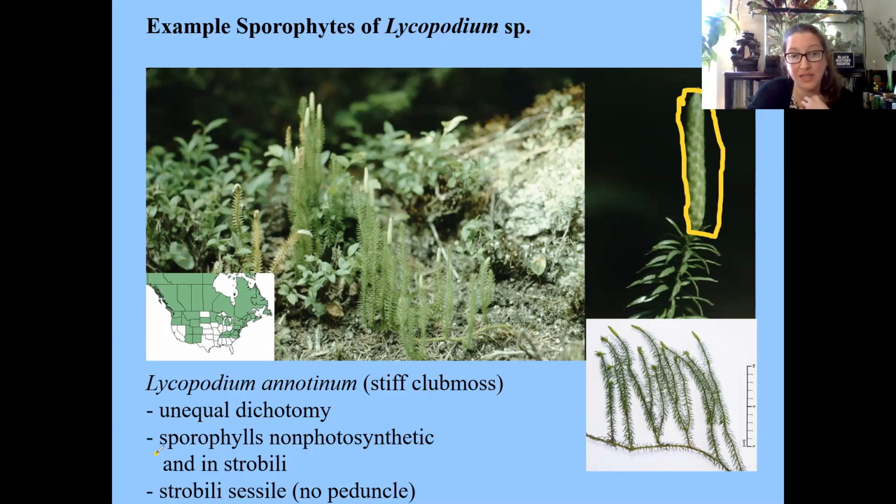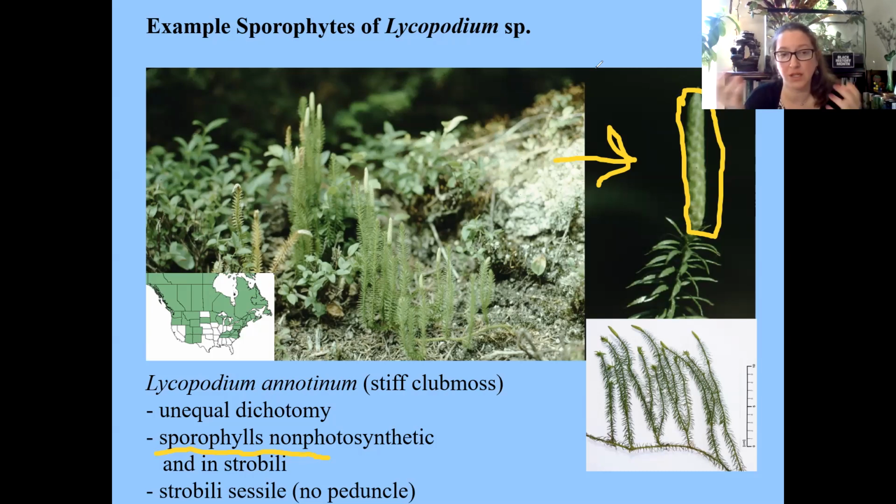And in the case here, these sporophylls are non-photosynthetic. Normally, if you're a sporophyll in a Strobilus, remember, this thing here is a Strobilus, and all of these things on it, you can't really draw them because they're so small, are the sporophylls. Normally, if you're a sporophyll organized into a Strobilus, you're usually not photosynthetic.